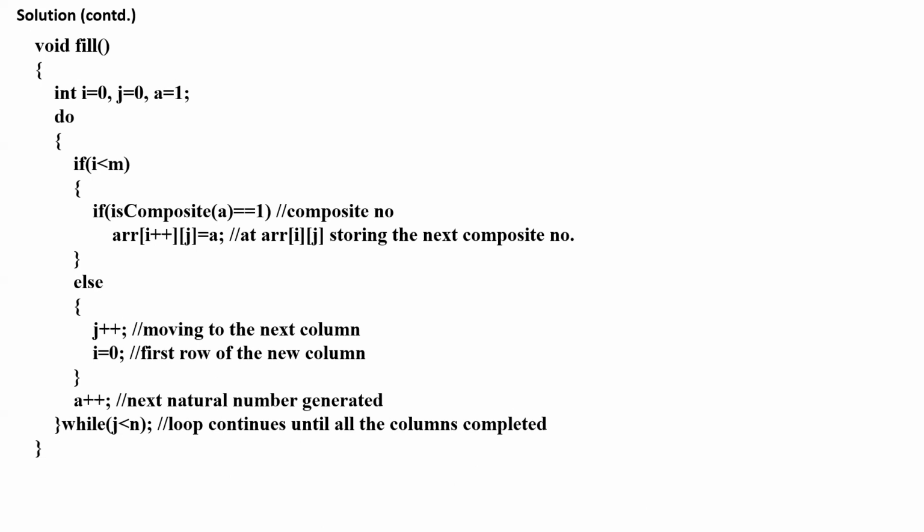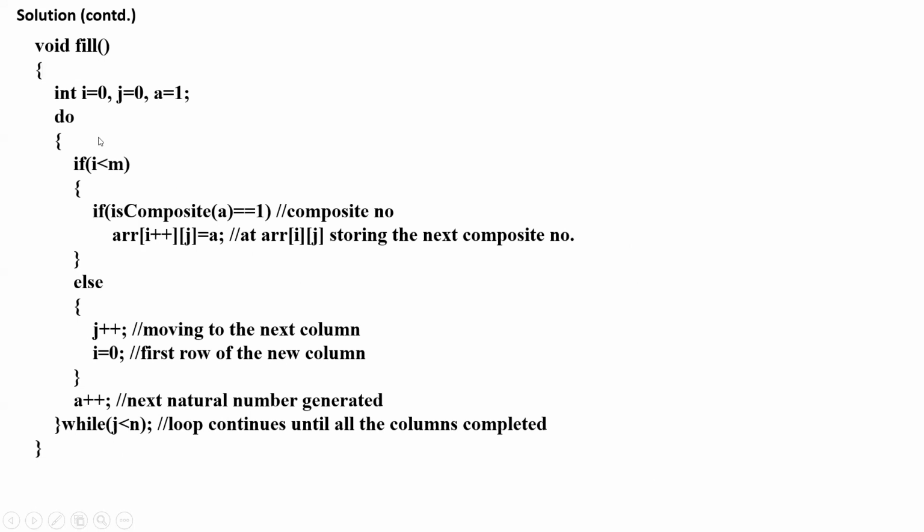If the entire row is completed, then it goes in the else block. There I'm moving to the next column and the row index is reinitialized to 0. And outside this if and else block, I'm incrementing the a value to generate the next natural number, which will again be checked with isComposite. The loop will continue until all the columns get filled.